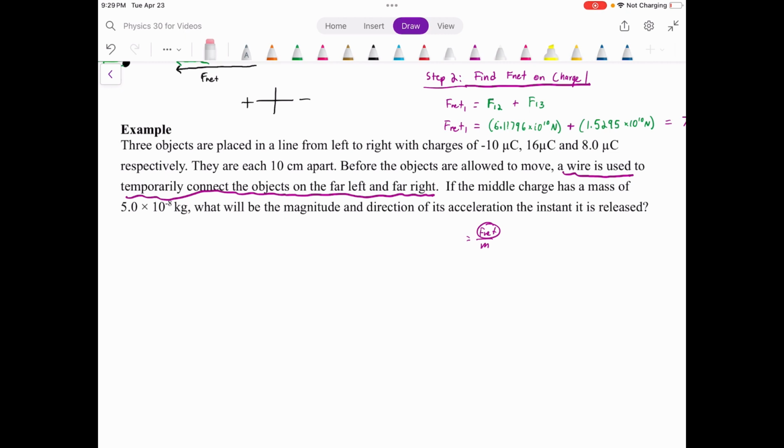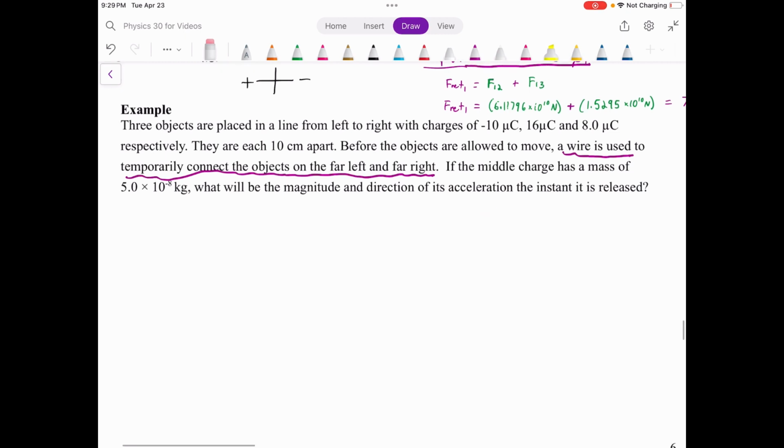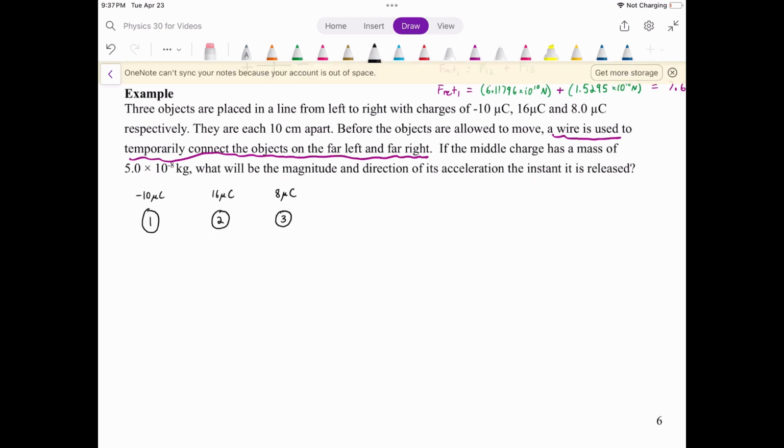Okay, let's start with a picture of how things looked before that wire got involved. So here's what we had before the wire, right? Negative 10 microcoulombs, 16, 8 microcoulombs. But then we touched the far left and the right one, right? I mean, you might not think, hey, we didn't touch them, but we kind of did.